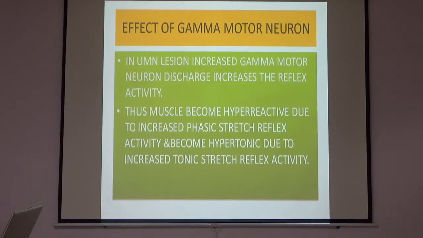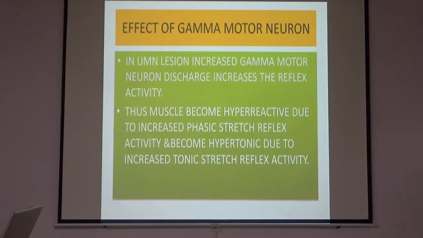Then what is the effect of the gamma motor neuron? We have seen what upper motor neurons and lower motor neurons are. In upper motor neuron lesions, increased gamma motor neuron discharge increases the reflex activity. The stretch reflex activity increases, and thus the muscle becomes hyperactive.